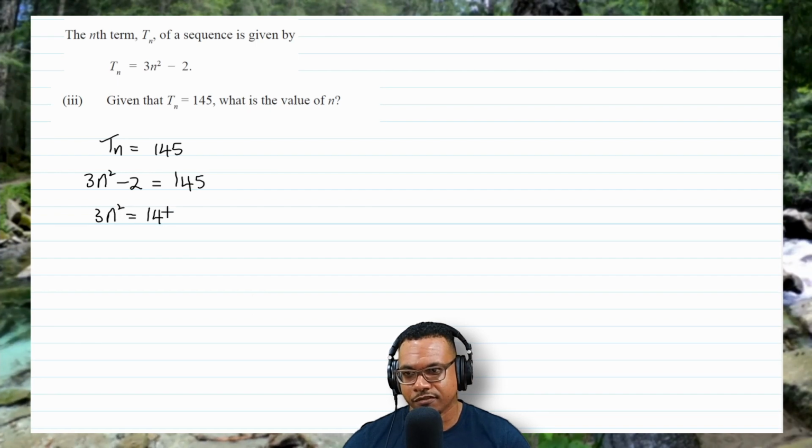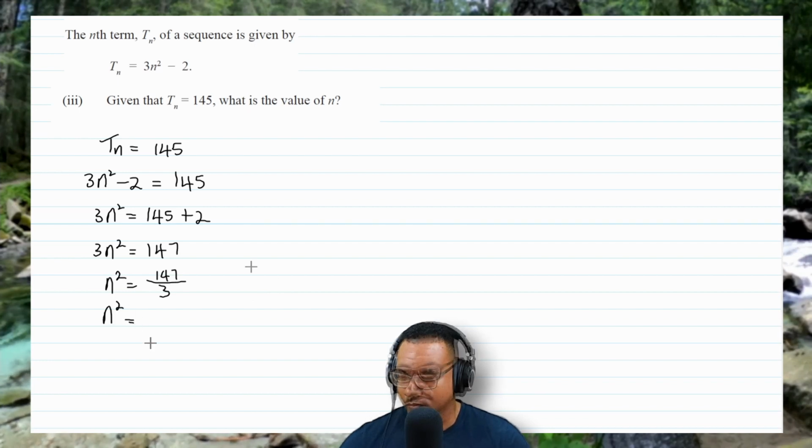So we have 145 plus 2. So we're going to have 3n squared is equal to 147. Now we have 3 multiplied by n squared. So when it transfers 3 across the equal sign, the operation will change to division. So we have n squared is equal to 147 divided by 3. So n squared is equal to 49.